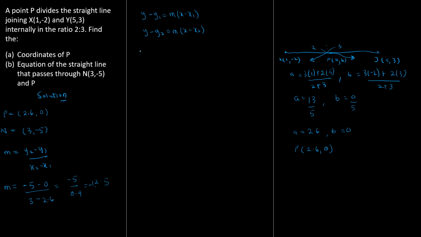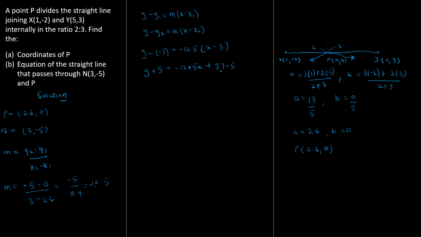So I'll say y minus the y2, in this case -5, so y minus -5 is equal to the gradient -12.5, times x minus the x2, which is 3. Negative negative gives us positive, so y plus 5 is equal to -12.5x, and then minus times minus gives us positive 37.5.